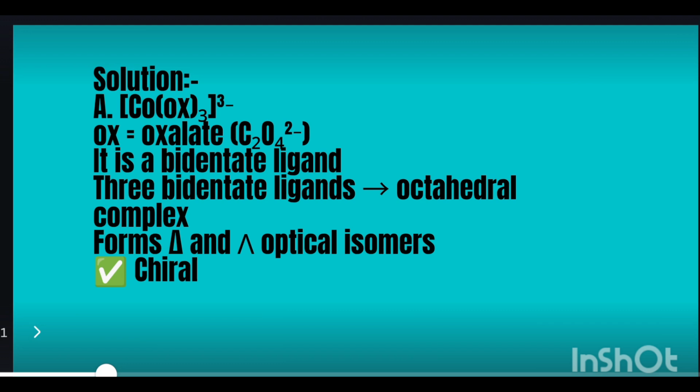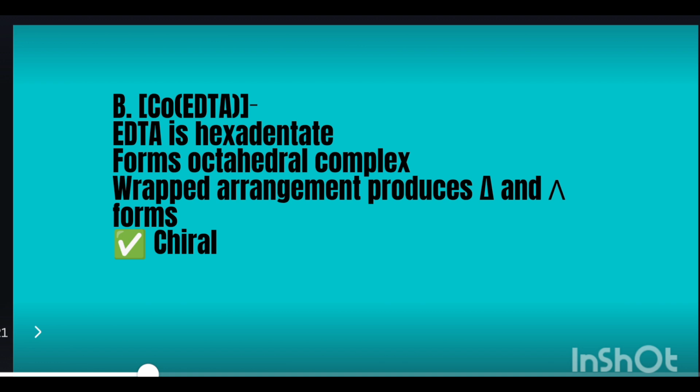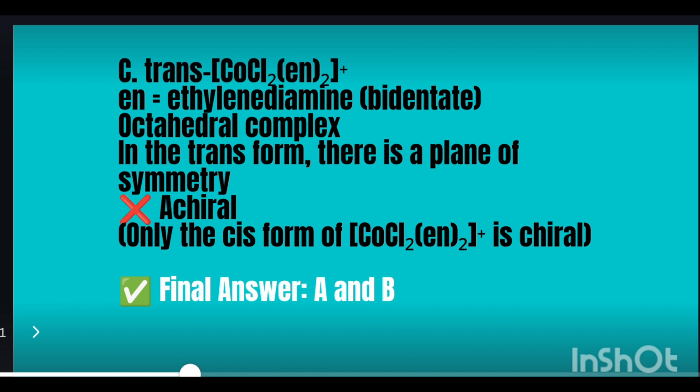So it is chiral. Next is Co-EDTA minus. EDTA is a hexadentate ligand and it forms an octahedral complex. The wrapping arrangement produces delta and lambda forms, so it is a chiral complex. And trans Co(en)2Cl2 plus.